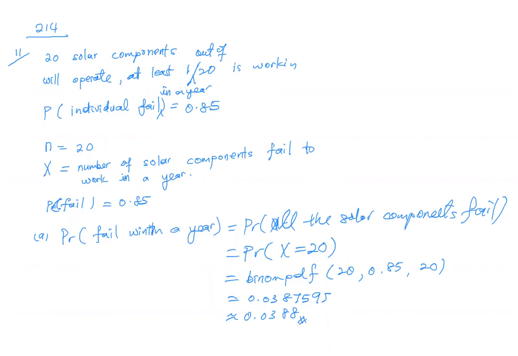So they say find the smallest number of solar components required to ensure that the hot water service is operating at the end of 1 year will be probably, okay. So what is the probability for this one? For this one, what is the probability of operating after 1 year?